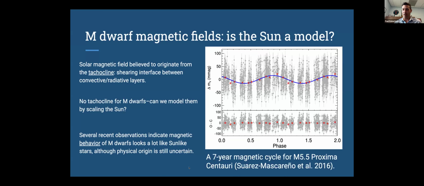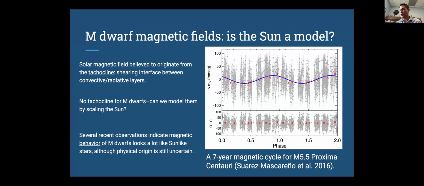Another example is the discovery of long-term magnetic cycles for fully convective M dwarfs. So I'm showing here the 7-year cycle for Proxima Centauri. There have been other fully convective stars that have shown this. I'm just showing the one that we all know. Again, these magnetic cycles are believed to be connected to evolution of global magnetic fields caused by shearing at the tachocline.